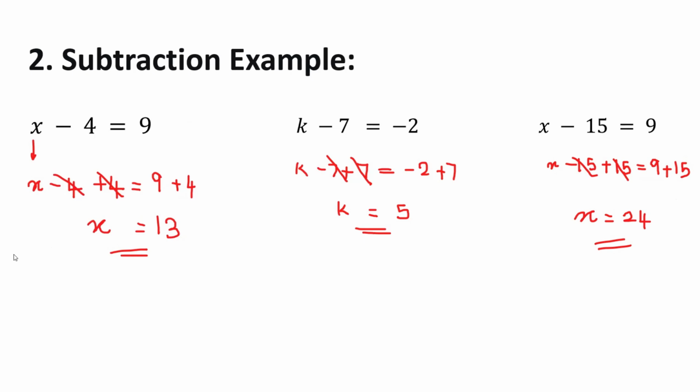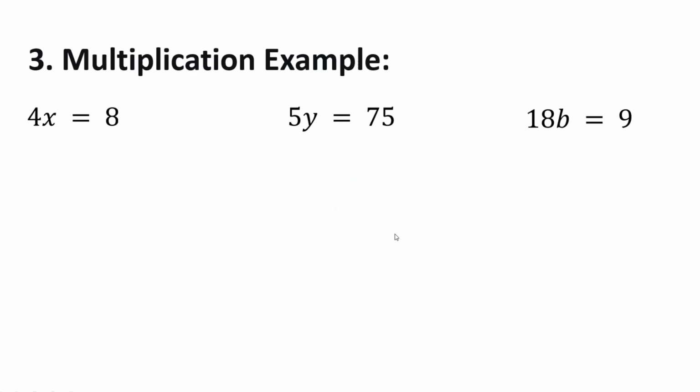Now let's move to the third one, which is multiplication. When you have a multiplication, we have to do the reverse, which is division. Now 4 and x here. How do we write 4 and x? 4 times x will be 4x.